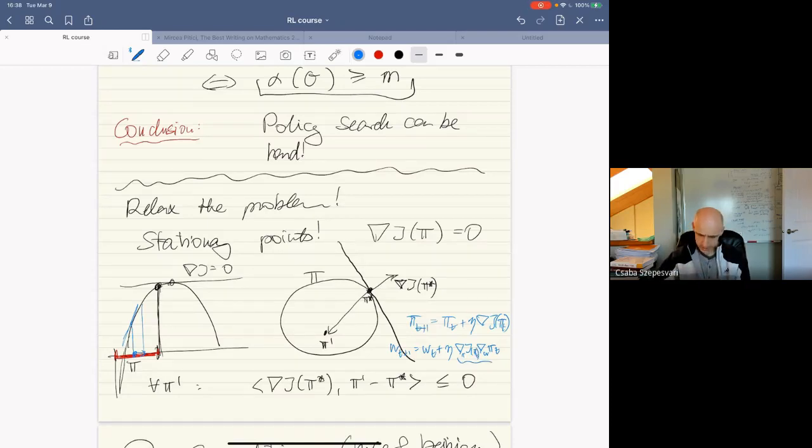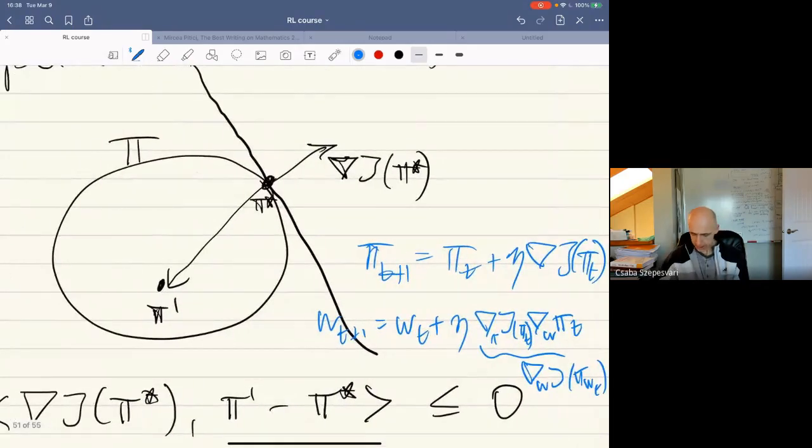So this is just the gradient of the objective with respect to W, where you are this policy whose parameter is WT.